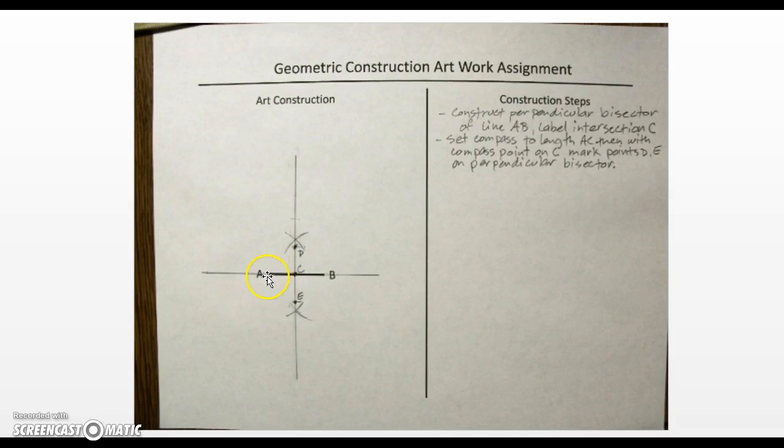So this is A and then point C. So you put one end of your compass on A and then put the pencil end on C, and that sets the length to AC. And then the instruction is to mark points D and E on the perpendicular bisector. Okay, so you want to be sure to use that terminology so it's clear where the points would be.